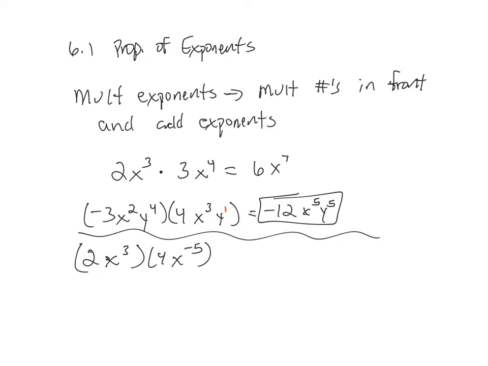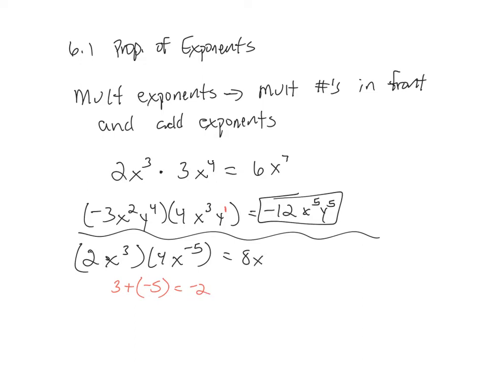So we might have negative exponent in there, and that's okay. So 2 times 4, 8. And then we're going to add the exponents, or just combine them, really, if you want to think about it like that. So what we're really doing down here is 3 plus -5, which would be -2.